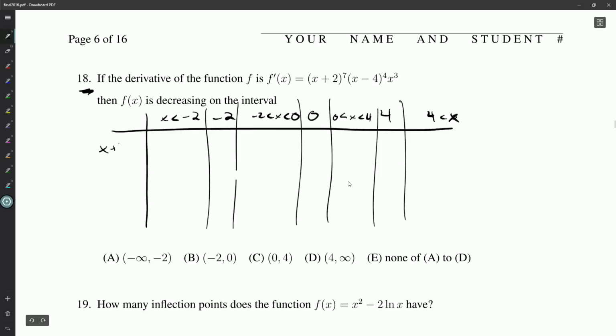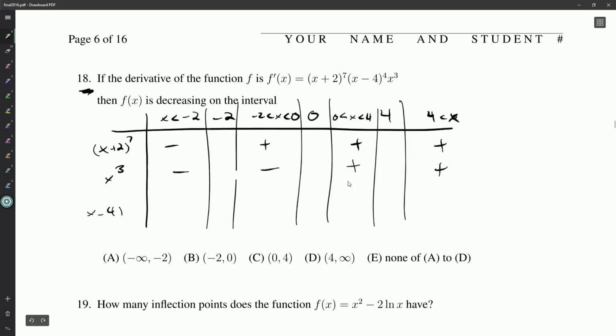So let's take a look at x plus 2 to the 7. X plus 2, when x is less than negative 2, will be negative. And a negative number to the power of 7 should be negative. However, as soon as we plug in something like minus 1, plus 2 is 1, and that's going to end up being positive. It's going to be positive for the rest of this. How about x cubed? Well, x being less than negative 2 is negative, and negative cubed is negative. X being less than 0, still negative, but once x is greater than 0, x cubed is greater than 0 as well.